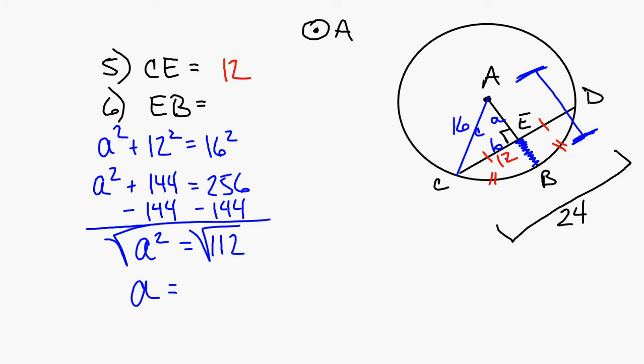So A to E is 10.6. And A to B, which is a radius, is 16. So EB is going to be equal to 16 minus 10.6. All right? And 16 minus 10.6 is 5.4.